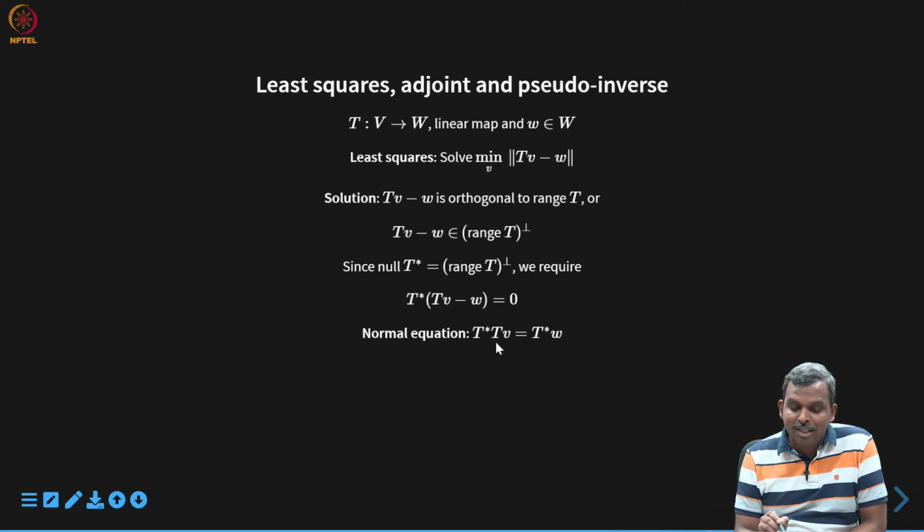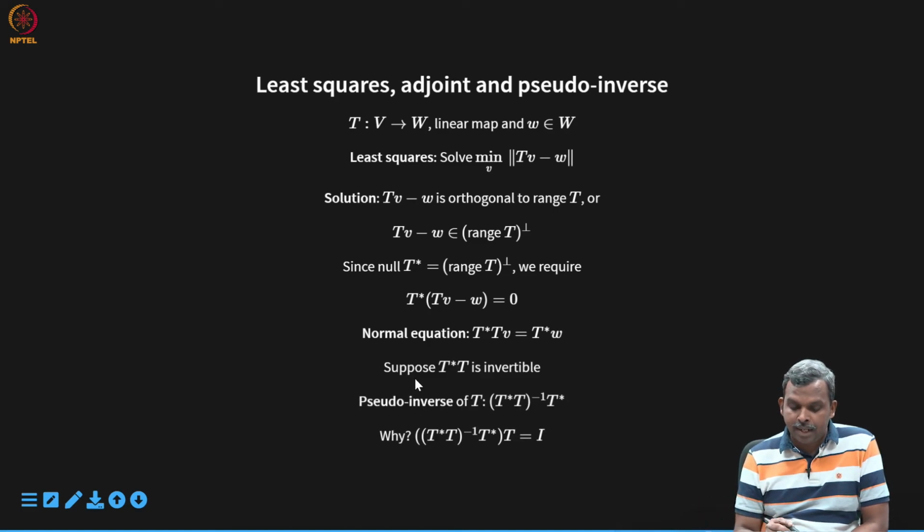Now, if this T star T is invertible, now remember T star T is now an operator from V to V. Okay. So, if this were to be invertible, you will have a unique solution here, and even otherwise it will have a solution, but if this is invertible, you can see that there is a unique way to easily get the solution, and so that will look like this.